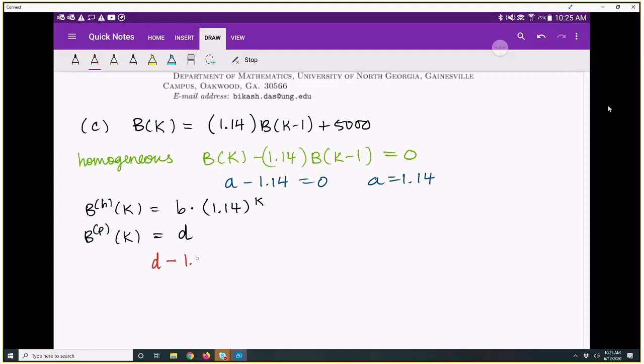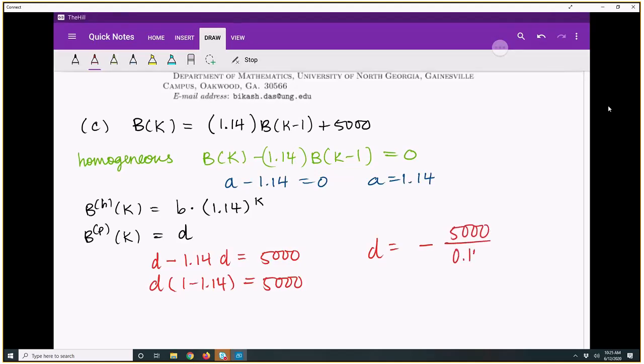I get d minus 1.14d is equal to 5,000. And I'm solving for d, so that's d times 1 minus 1.14 is equal to 5,000. So d is equal to, again, negative 5,000 over 0.14.